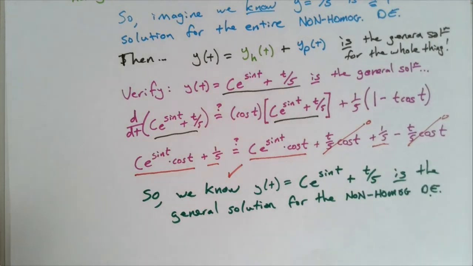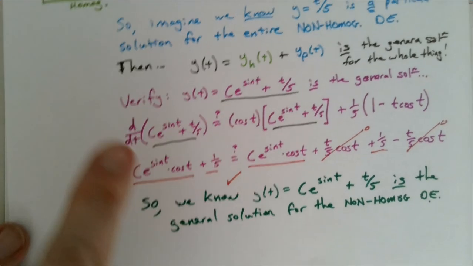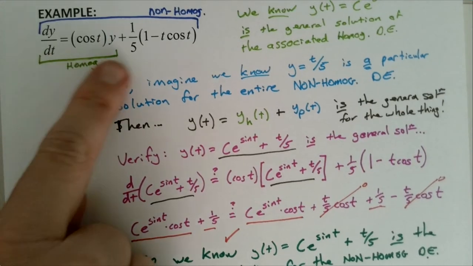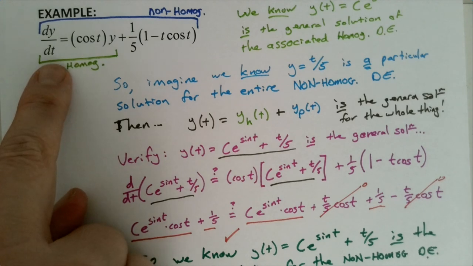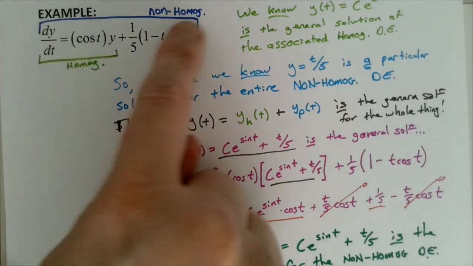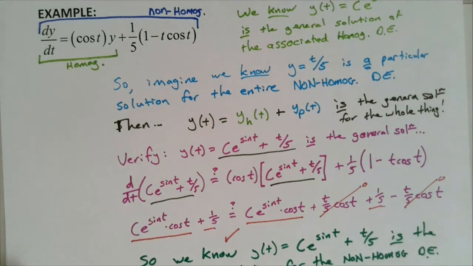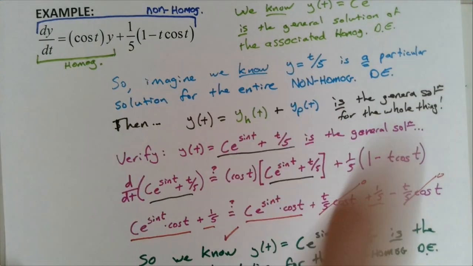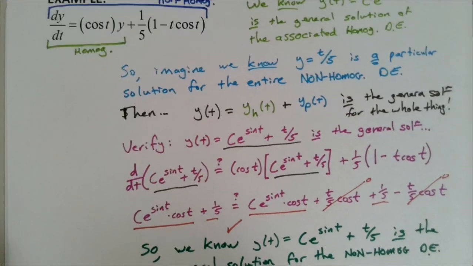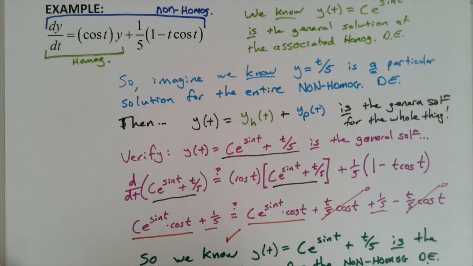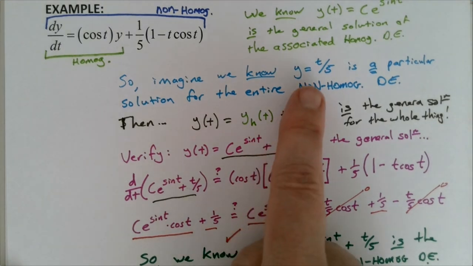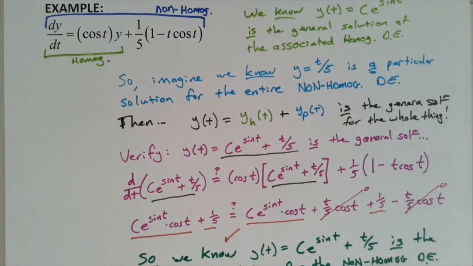Now you might be sitting there thinking, hey, that's great. All I have to do is solve this part, which I totally can do from section 1.2. That's just separation of variables. And then I just have to come up with a particular solution, something simple, like t over 5. But of course, you're also thinking, how did you know that this was a particular solution for the entire non-homogeneous differential equation? How did you come up with that?